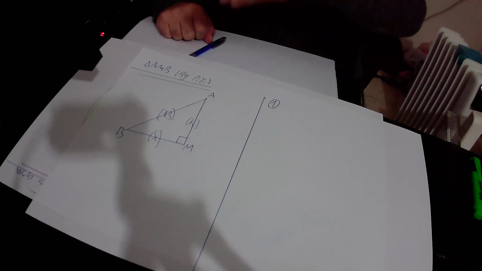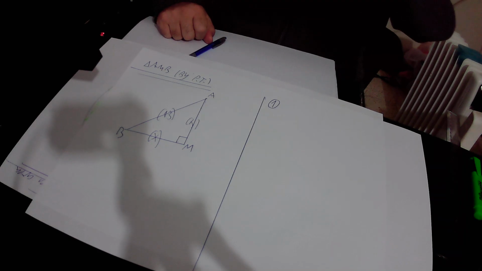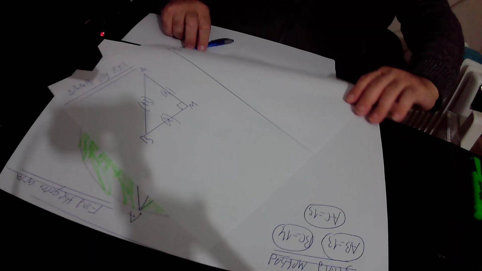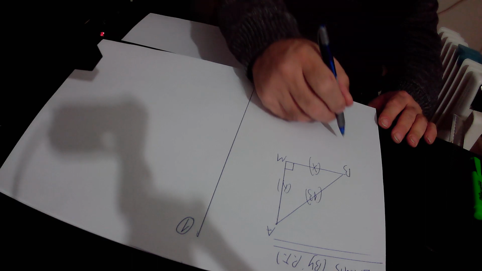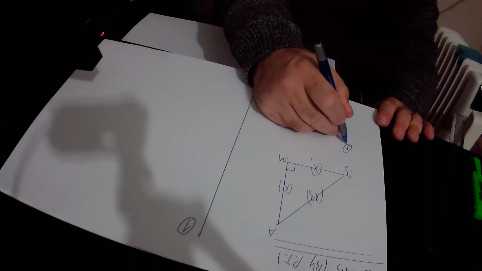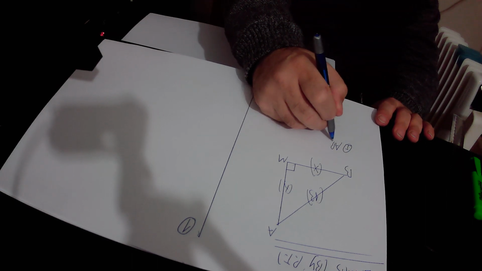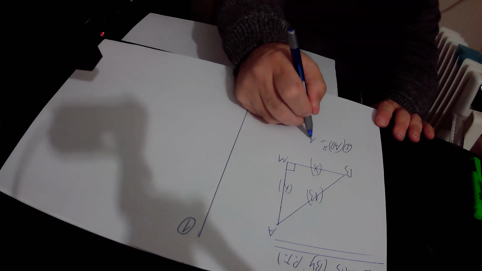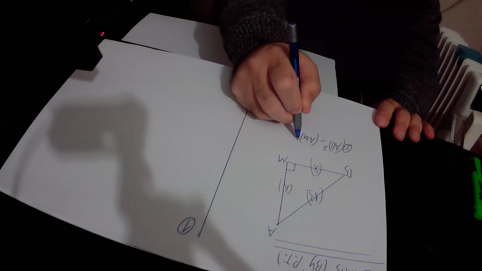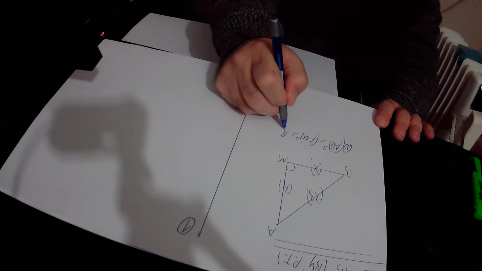According to the Pythagoras theorem, in this right triangle, the square of the hypotenuse equals the sum of the squares of the perpendicular sides. That is to say, AB squared equals AM squared plus BM squared.